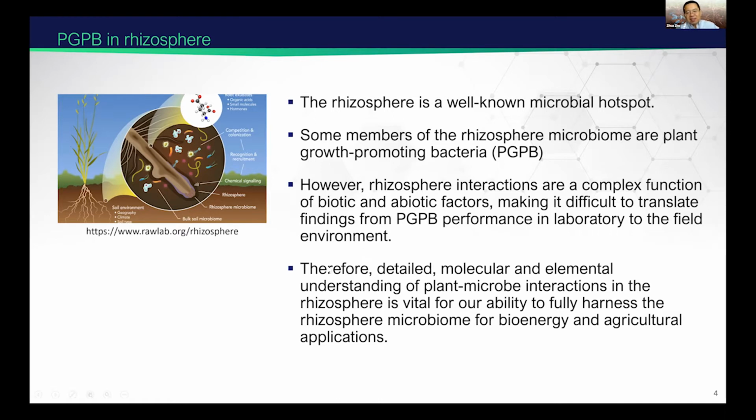So a detailed molecular and elemental understanding of plant-microbial interactions in the rhizosphere is very important for us to fully understand and harness in the future, to engineer these hotspots to help bioenergy and agriculture applications.